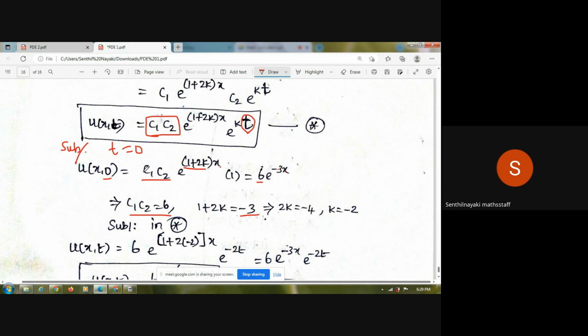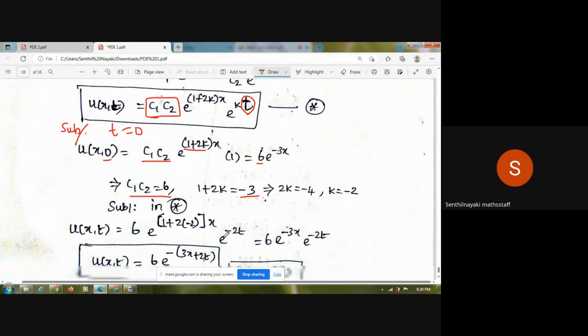So the constant term can be equated. Similarly, the coefficient of x term can be equated separately. So C1 C2 equal to 6 and 1 plus 2k equal to minus 3. So 2k is minus 4 and k equal to minus 4 by 2, which is minus 2.